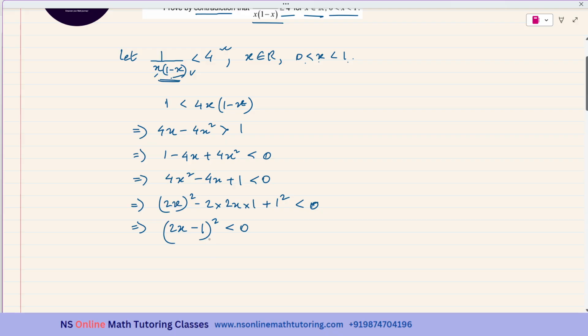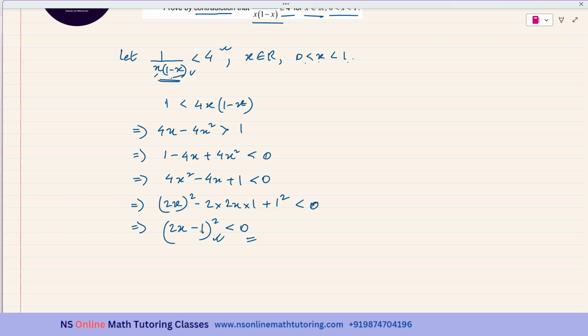Now we are seeing that a square number is less than 0. A square number cannot be less than 0. 2x minus 1 can be a negative number. If x is 1/4, 2 times 1/4 is half, and half minus 1 is negative half.